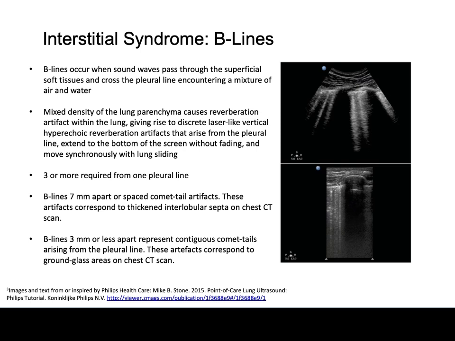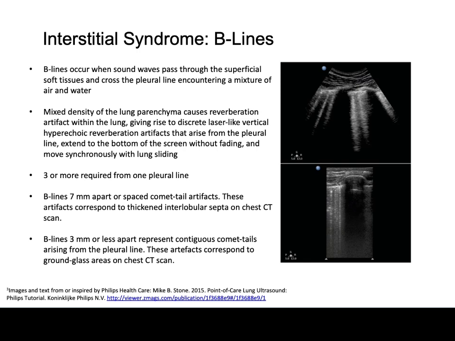This gives rise to discrete laser-like vertical hyperechoic reverberation artifacts that arise from the pleural line and extend all the way to the bottom of the ultrasound screen without fading. These move synchronously with lung sliding. Interstitial syndrome is defined as 3 or more B-lines from one pleural line.